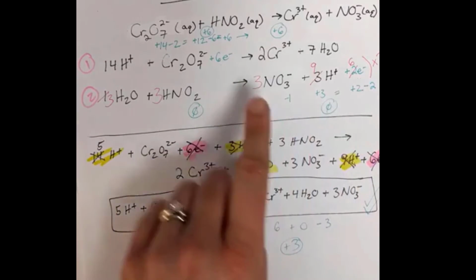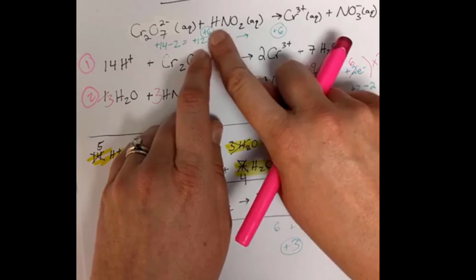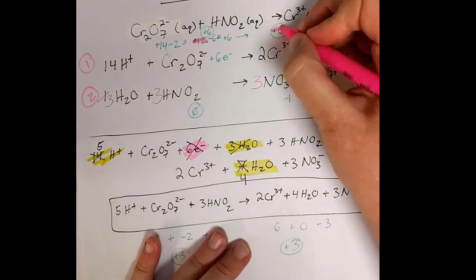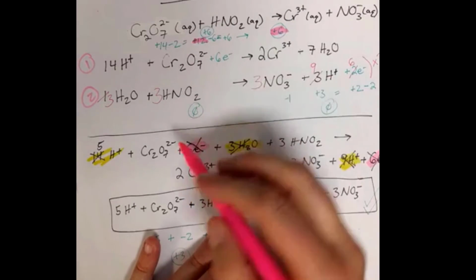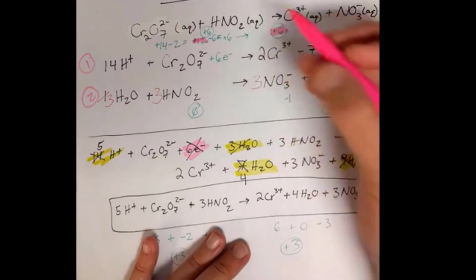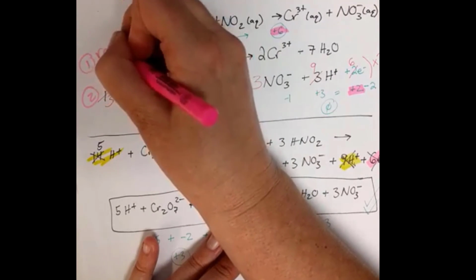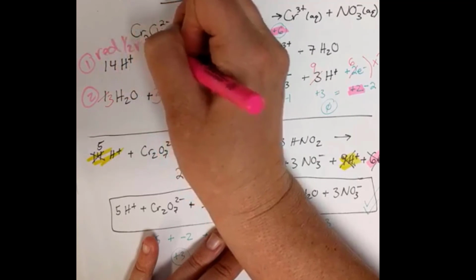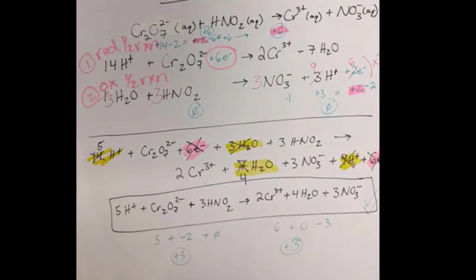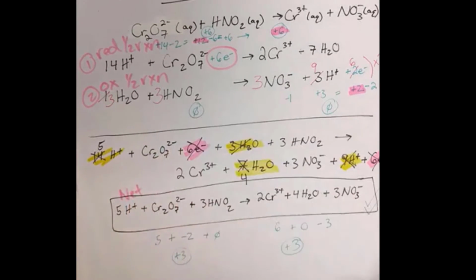Another way to think about it is originally you were at positive 12 before you added the electrons, and went to positive 6, so you were reduced. Here it went from 0 to, originally it was at negative 2. So this one on the left side, that's reduction. Number 1 is a reduction half reaction, and this one is an oxidation half reaction. Okay. And then down here we have our net redox equation.